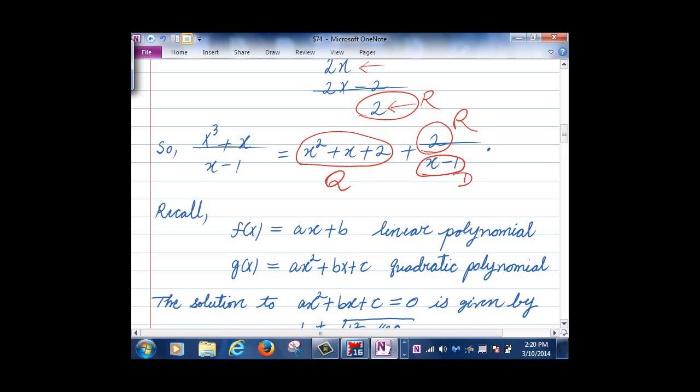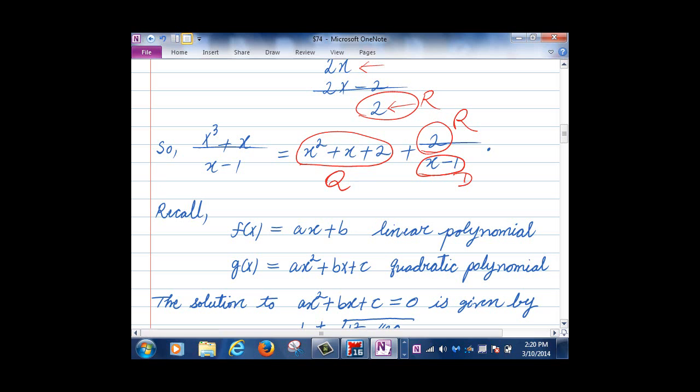Everybody's okay? An improper rational function, you do polynomial division, you get a quotient, you get a remainder, and then you set the improper fraction as the quotient plus the remainder divided by the divisor.